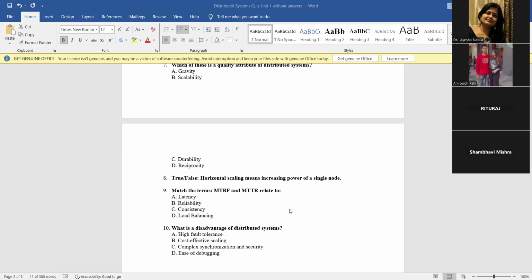Do you think that a distributed system is just to add a number of nodes or for load sharing of the CPU? What do you think? Yes, I want somebody to speak up for the answer. I've got the answers on the chat box, but I want the answer verbally. Can anybody speak out?